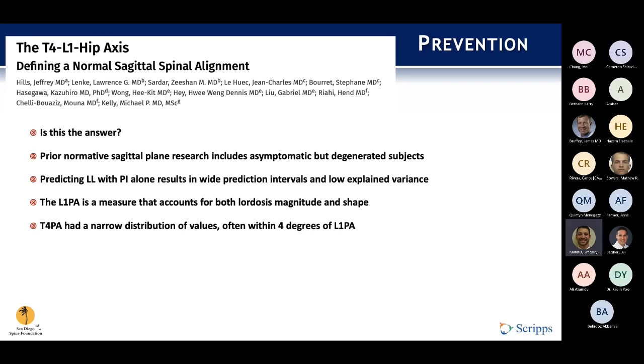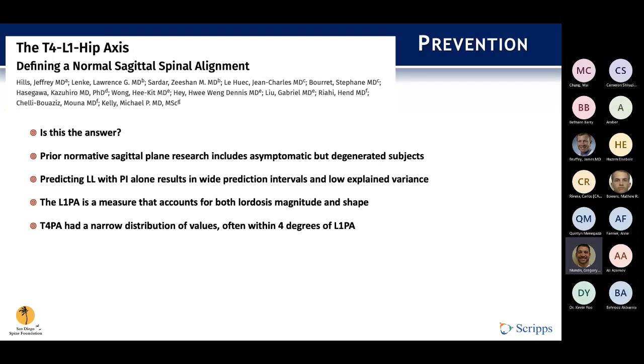So overcorrecting leads to more problems faster. Even if you look at Mike Kelly's paper on the L1PA, you have more margin on the undercorrected side. You have to be within like 3 degrees on the overcorrected side, but within like 7 degrees or something like that on the undercorrected side.